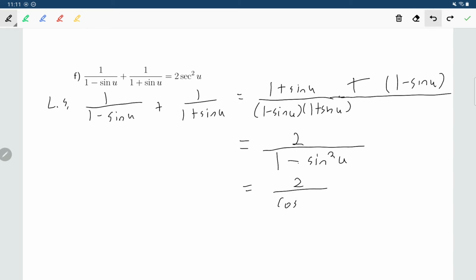And of course, remember that 1 over cosine is the same thing as secant, so 2 over cosine squared should be 2 secant squared. And there we go, that is exactly the right side of our equation. So the identity has been shown. Left side and right side, yes, they are equal to each other.